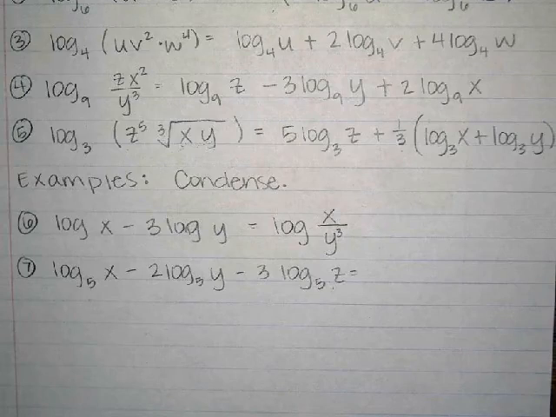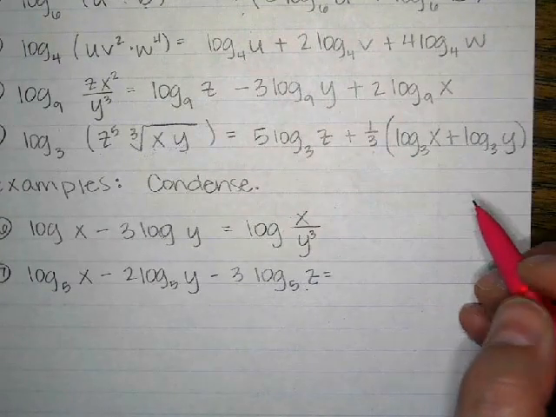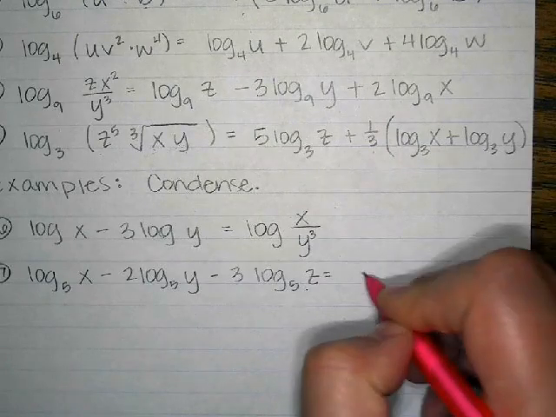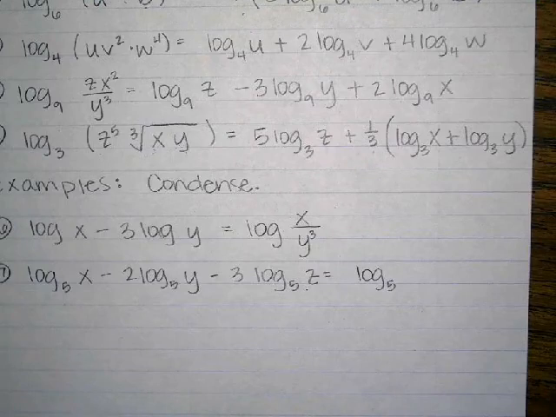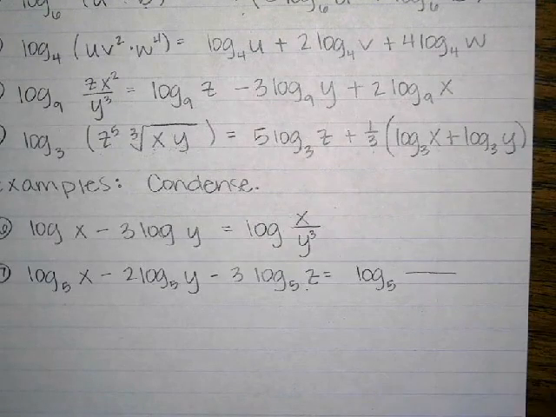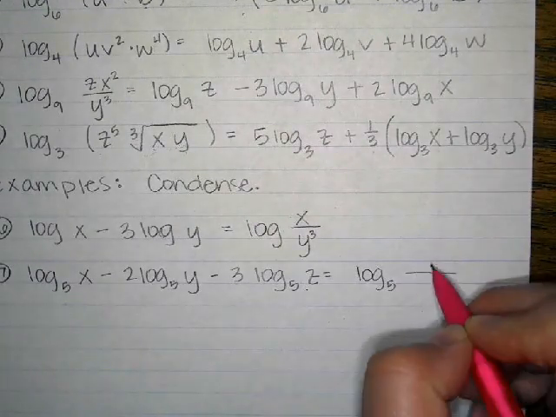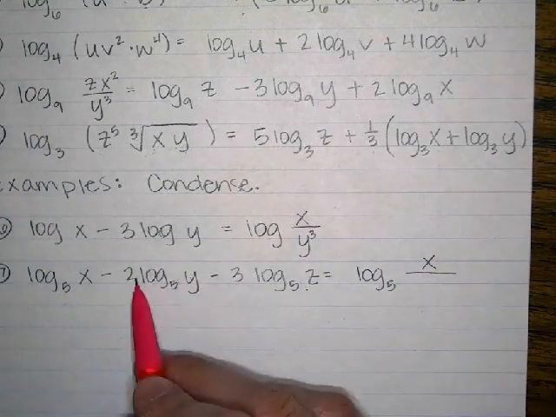I've got minuses in the problem, so what should I draw? Division sign. Okay. What's on the top? X. What's on the bottom? Y squared. What else is on the bottom? Z cubed. Z to the third.